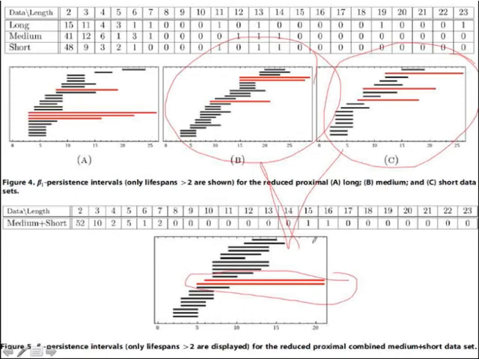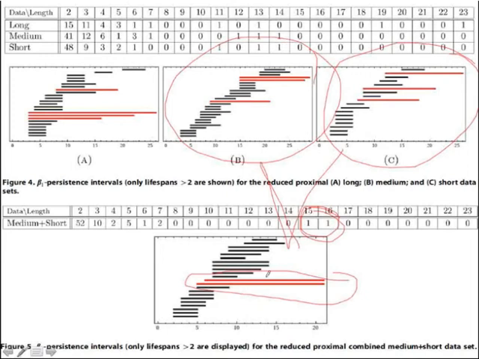Before we had 3 cycles for the medium of lengths 12, 13, and 14, as well as 3 cycles for the short of lengths 11, 13, and 14. Now by combining them, we've increased their persistence. They're now of lengths 15 and 16.